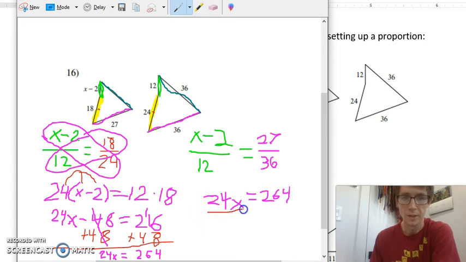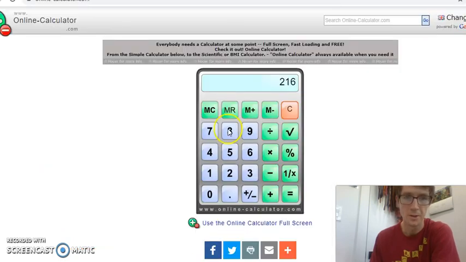And we're going to divide by 24 on both sides. So this ends up canceling. What's 264 divided by 24? 264 divided by 24 is equal to 11.